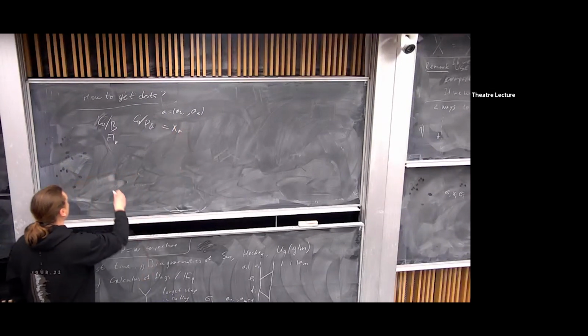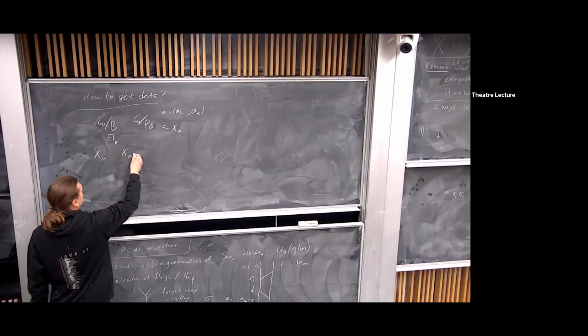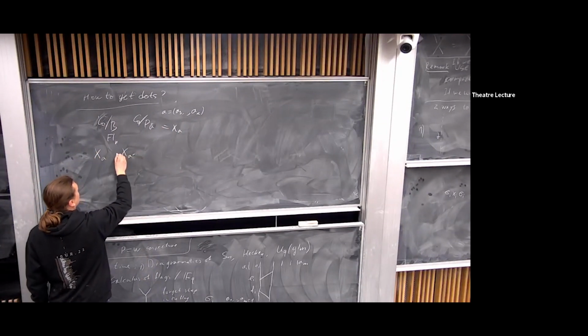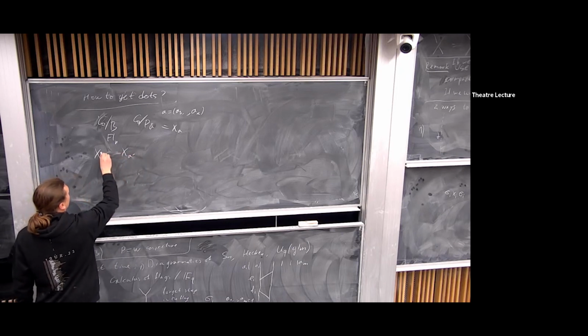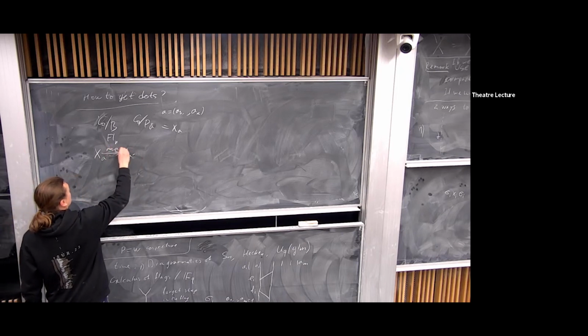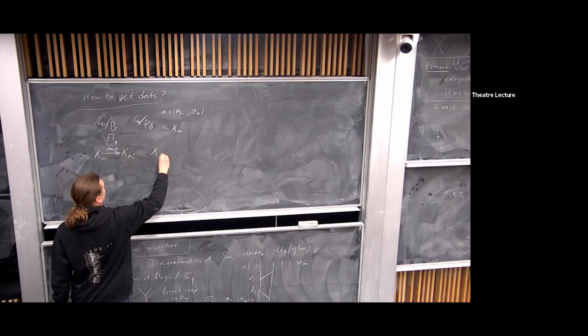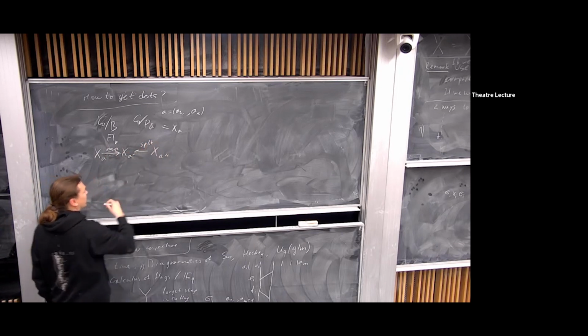Then there were maps between them, X_A and X_A prime. Remember that merge was a map this way, and we have split, mapped backwards.